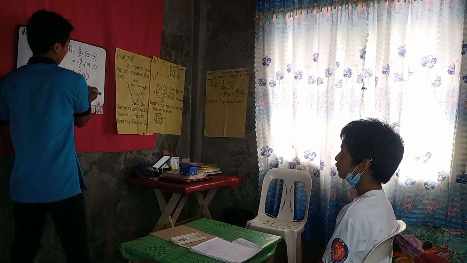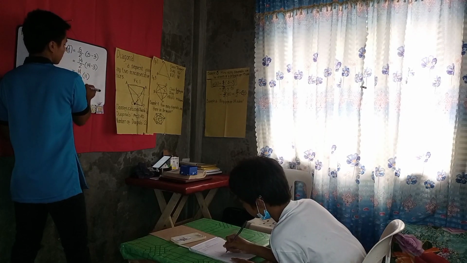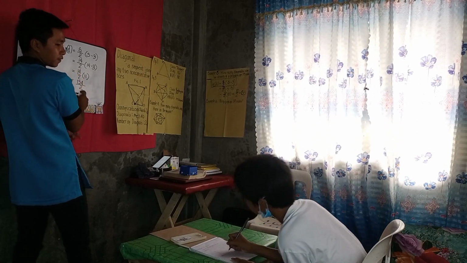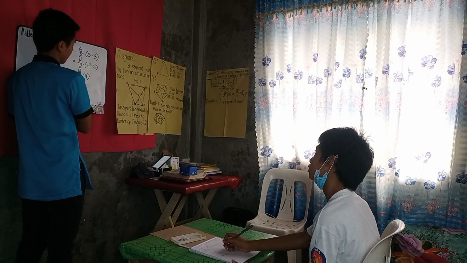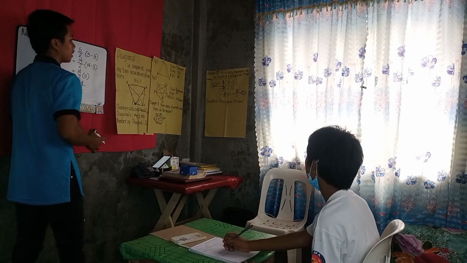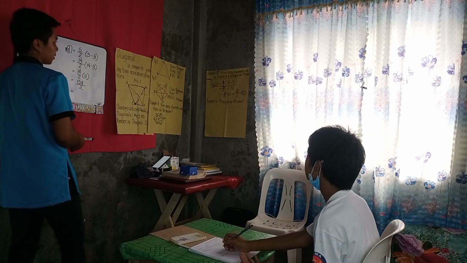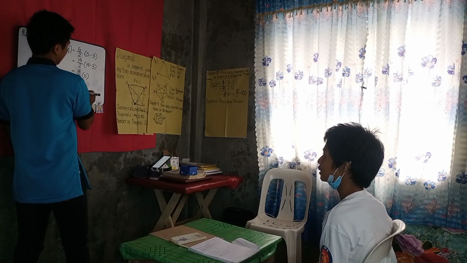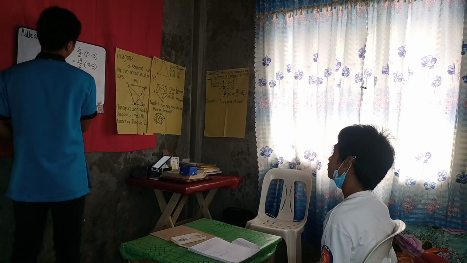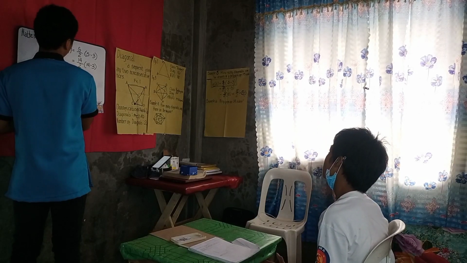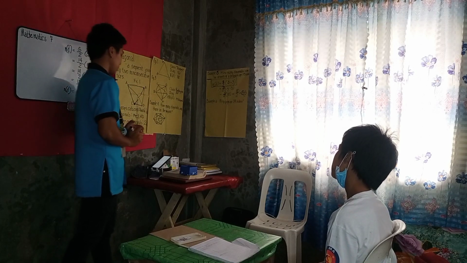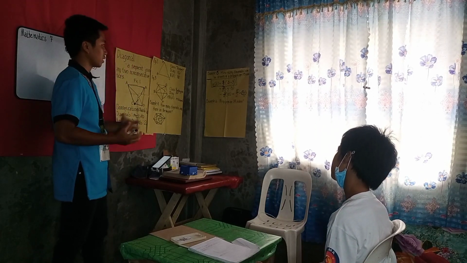So, just copy the 2 here and divide. 154 divided by 2. Ilang 2 ang nasa 154? It is 77. Meaning to say, there are 77 diagonals sa polygon na may 14 sides. Did you get it? So, is that clear, class?